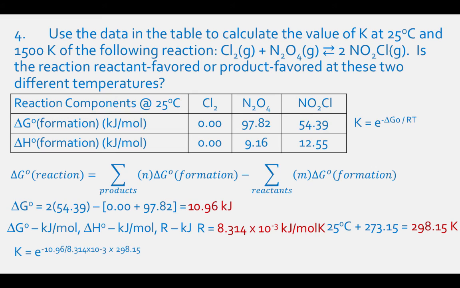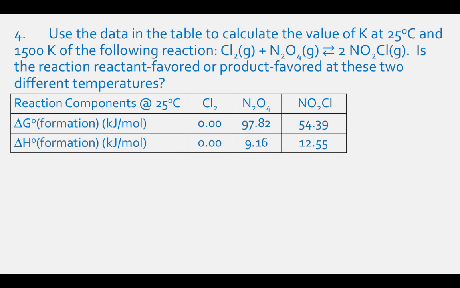And then our K equals the exponential of negative 10.96 kilojoules divided by 8.314 times 10 to the negative 3 kilojoules per mole times Kelvin times 298.15 Kelvin. Our K equals 0.0120. This reaction is slightly reactant favored because it is less than 1.